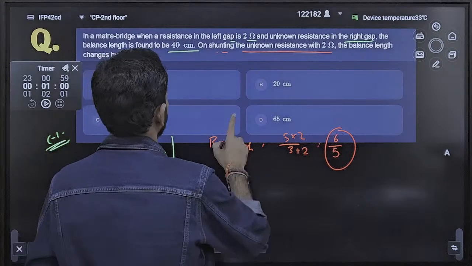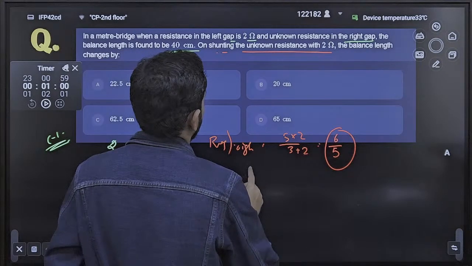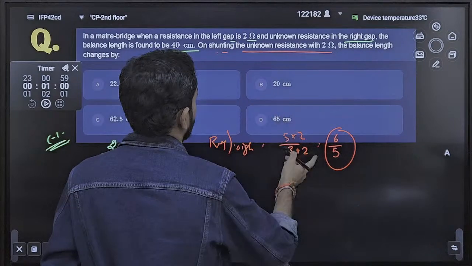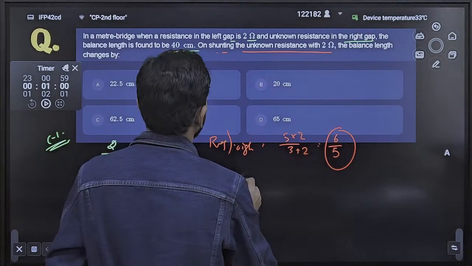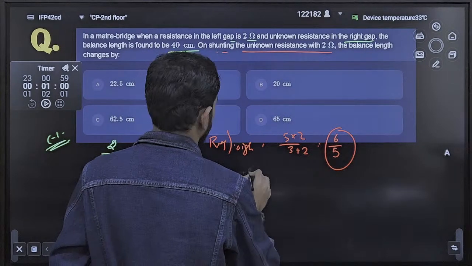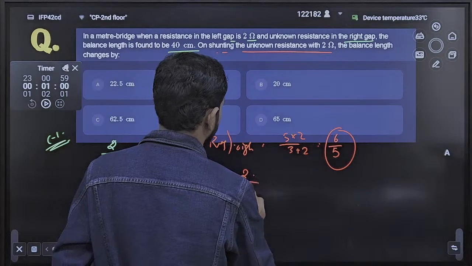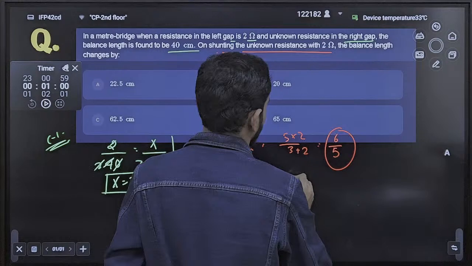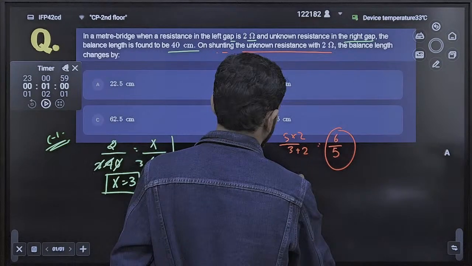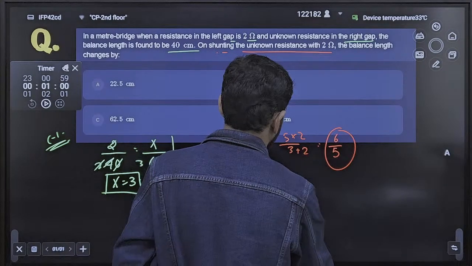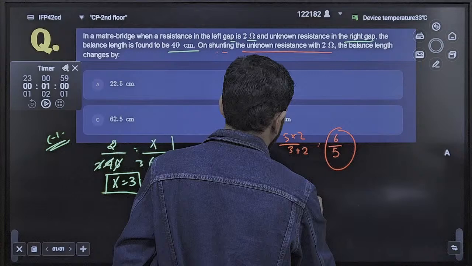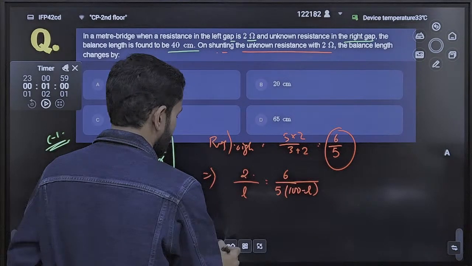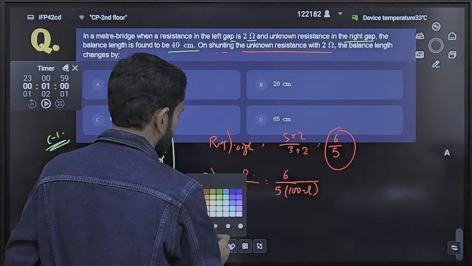On the left side everything is the same. What you can say here, 2 divided by L is equal to, on the right side, 6 by 5 divided by 100 minus L. This is the rest part of the question.